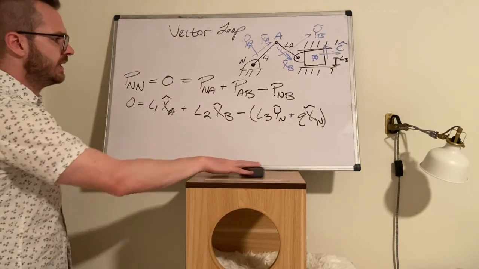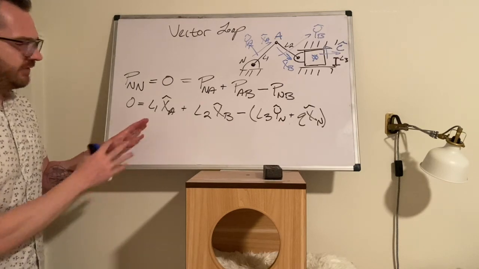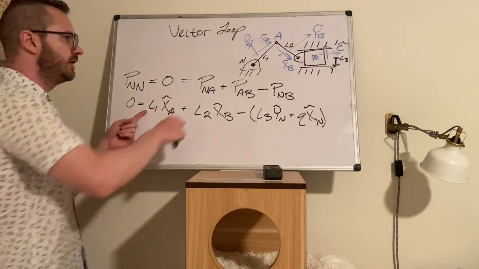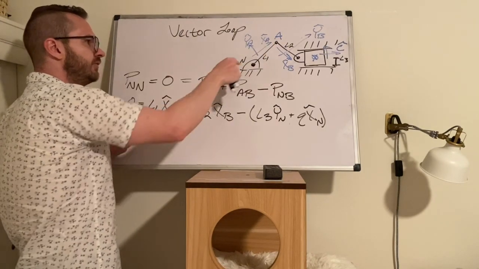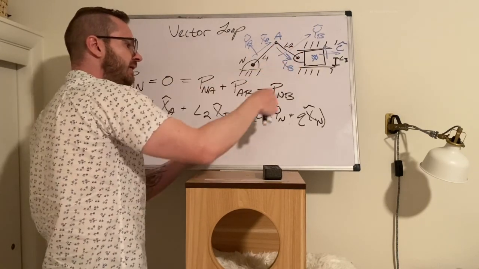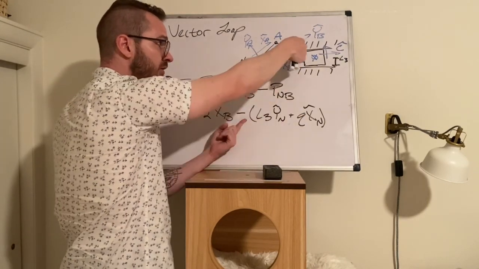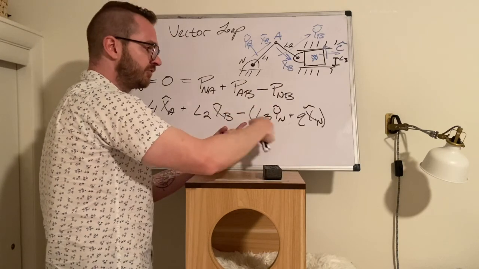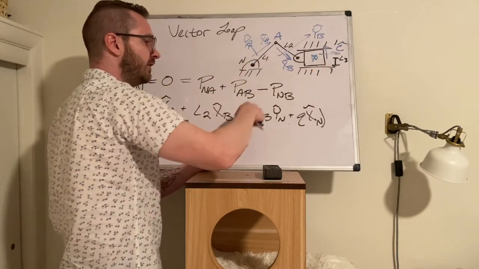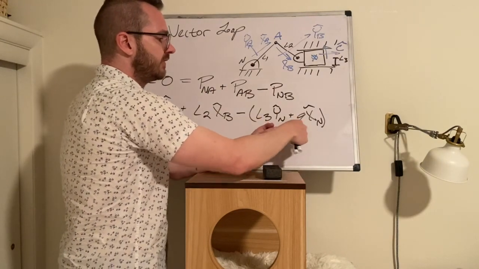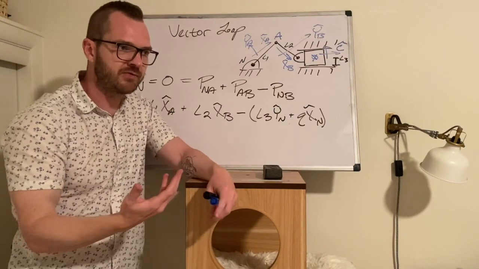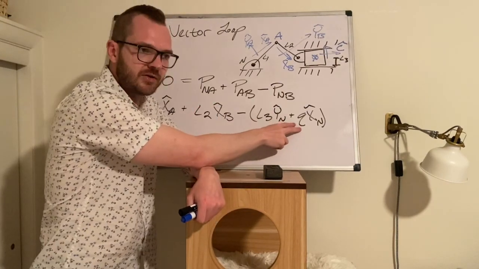All right. Let's see if this makes sense. Pause here for a moment. You go L1 in the x hat A direction, that gets you to A. You go L2 in the x hat B direction, that gets you down to B. You go down, because it's negative now, distribute the negative. You go down the distance L3 in the y hat N direction. And then some people get a little tripped up with this. Remember, we've talked about how my personal habit is to just treat these things like they're positives.